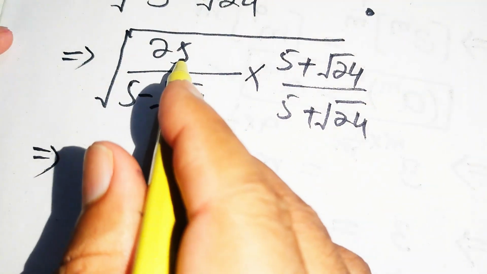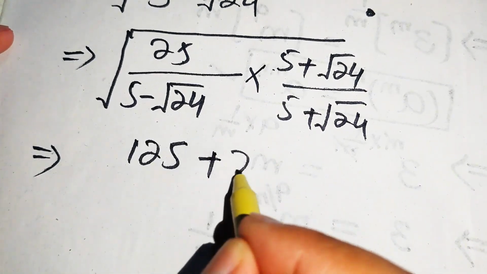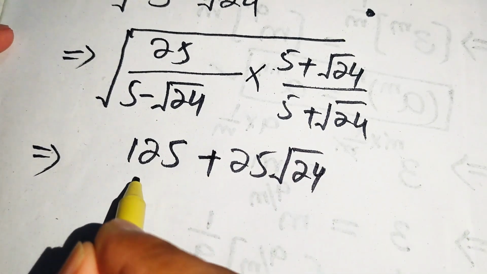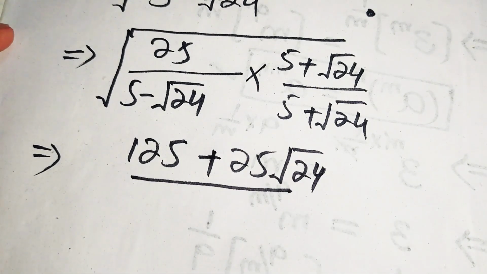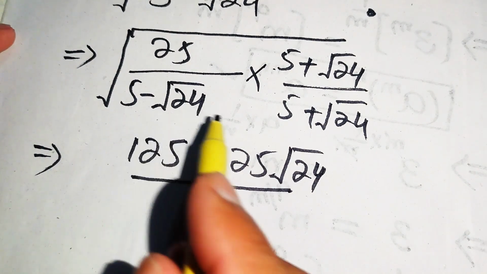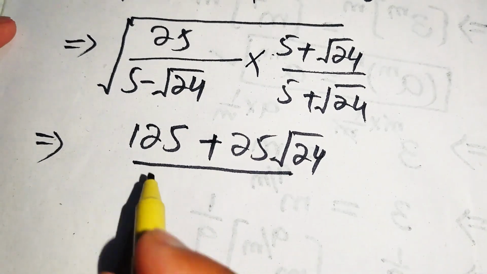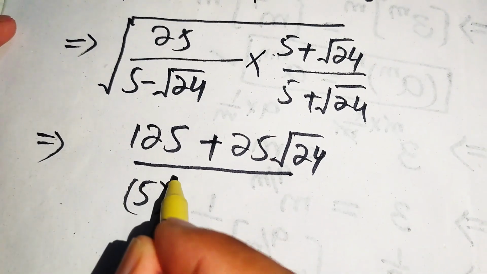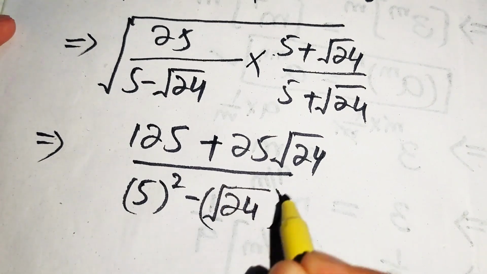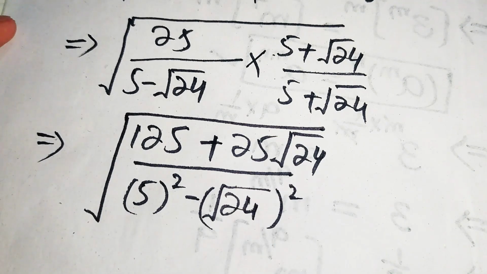We have 25 times 5 becomes 125, plus 25 times the square root of 24, and this is divided by 5 minus the square root of 24 and 5 plus the square root of 24. So it will be written as 5 squared minus the square root of 24, whole squared.